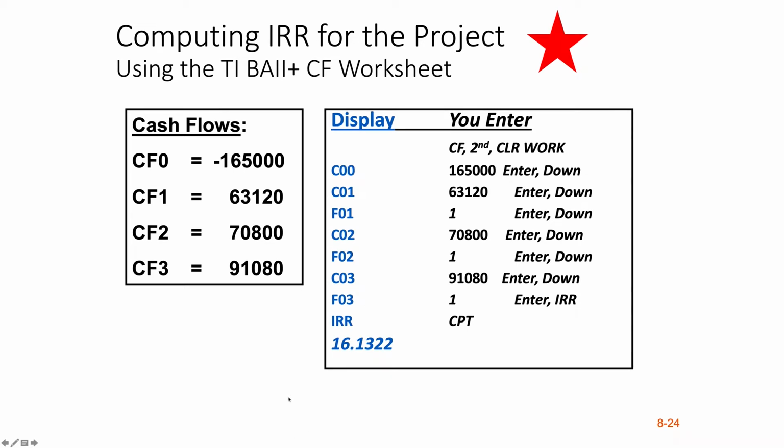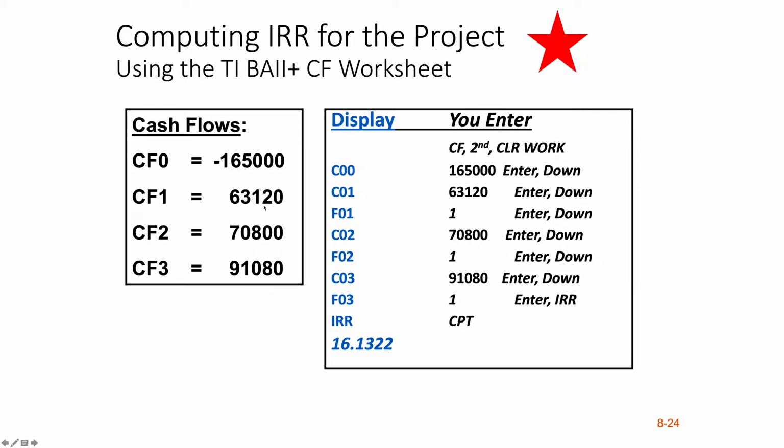Initial cash outflow, negative 165. Now, don't forget, when you enter those cash flows, you need to clear work. Clear work will be second, and the first key on the last row. When you punch clear work, all previous registrations for the cash flow are gone.